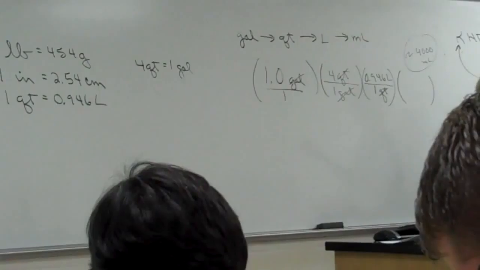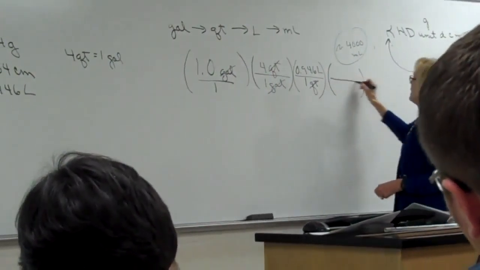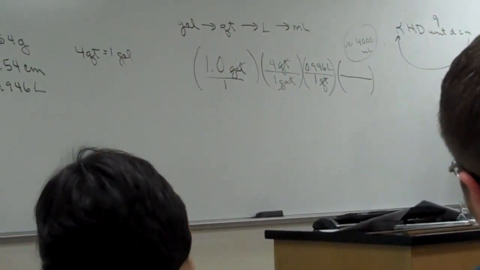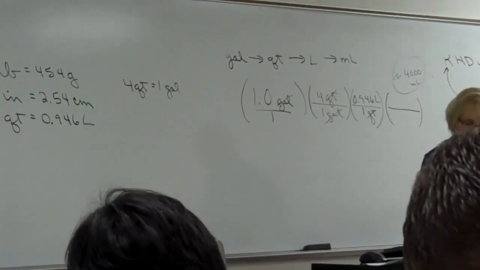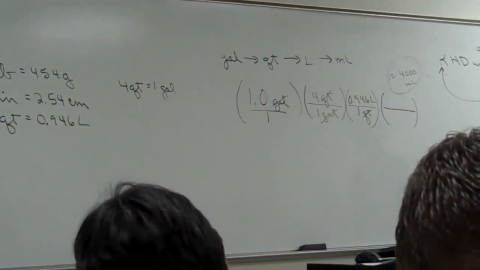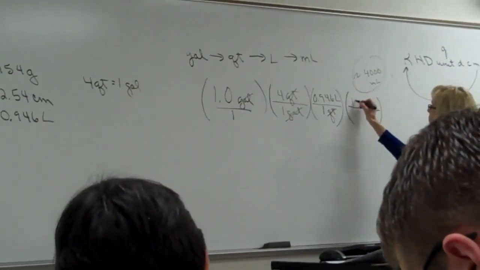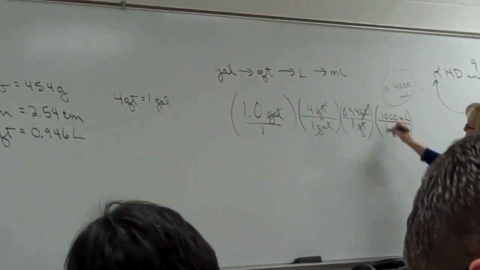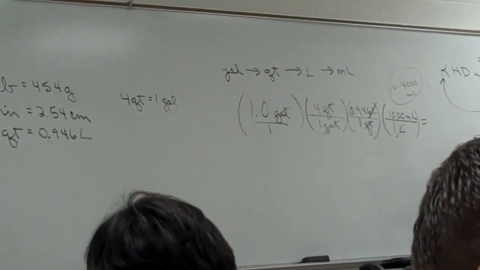Now, with the liters, we could stop and write it down and use the trick, but I could also remember that 1,000 milliliters is equal to 1 liter, and let's make a conversion factor there. So, Liz, can you tell me what to write? It would be 1,000 milliliters over 1 liter.